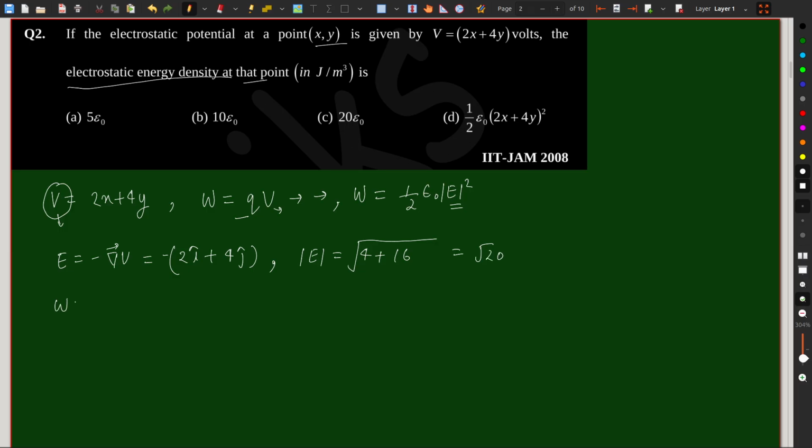So the electrostatic energy is given by half epsilon naught times root 20 whole square. That will become 10 epsilon naught. So option B is correct. Okay, let's move to the next question.